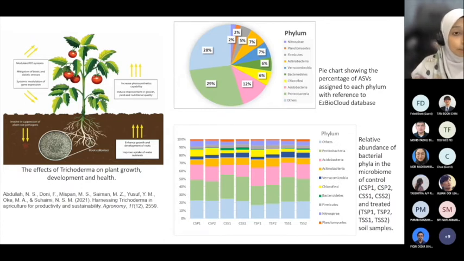This paper was published related to our Trichoderma aspergillum SL2, where it has been proven that it can promote plant growth and yield and whatnot. So now we want to look at the effects towards the rhizospheric microbes in the natural condition.